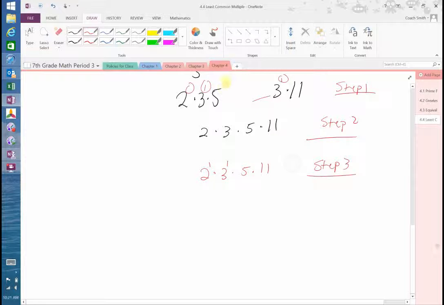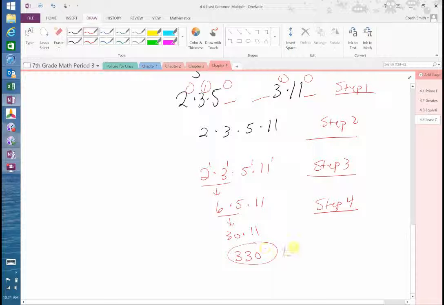Then I have 5 to the first, no 5, so I use 5 to the first. Then I have 11 to the first, no 11, so I use 11 to the first. Step 4 is actually multiplying it out. 2 times 3 is 6, times 5 is 30, times 11, 330. And that is the LCM.